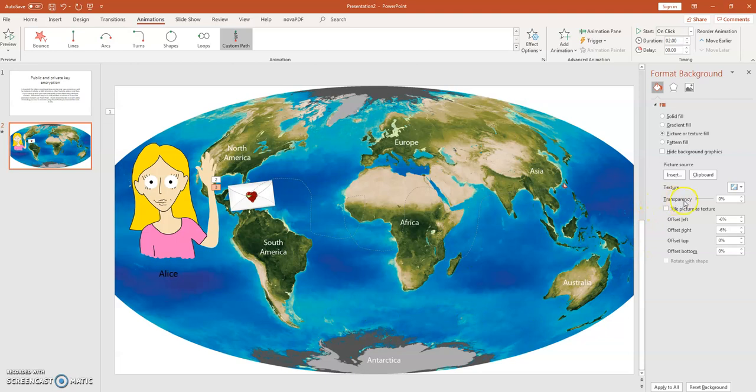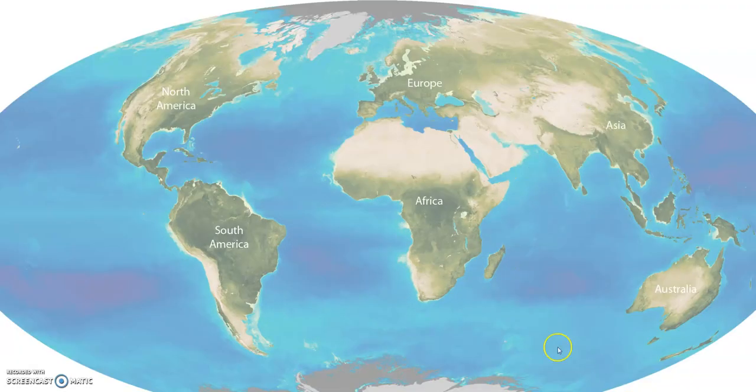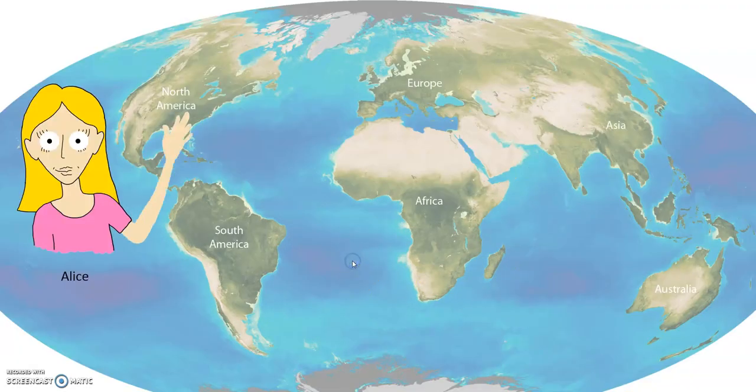So over on the format background there is a transparency here which is set to 0. I'm just going to move it sort of vaguely half, so that it's a little bit more faint. Okay, and then it's not going to interfere with our characters and our things whizzing about the screen. So just play the slideshow again, click, here's Alice, here's a letter, there it is on its way.